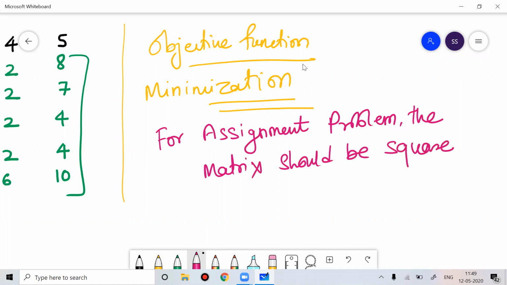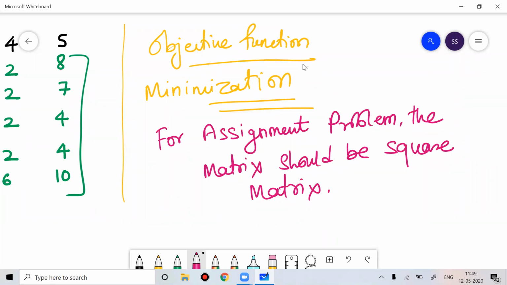In case it is not a square matrix, we make it a square matrix by adding a dummy row or dummy column. When we are working on a transportation problem, it doesn't matter whether our matrix is square or rectangular. Every square is a rectangle, but every rectangle is not a square.